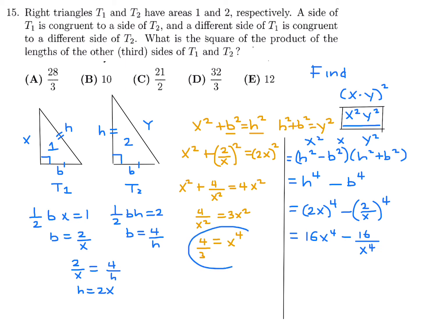Okay, so that's where that x to the power of 4 comes in handy. All right, so that's just going to be 16 times 4 over 3 minus 16 over 4 over 3. Okay, so at this point, you definitely know how to do this. And that's just crunching numbers now. And when you do, you get 28 over 3 at the very end. So number 15, the answer is A.